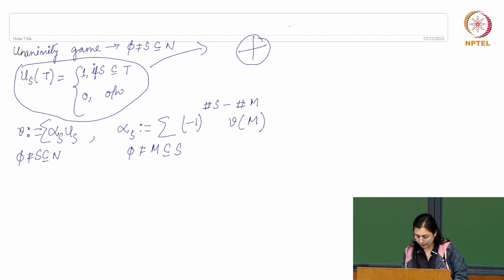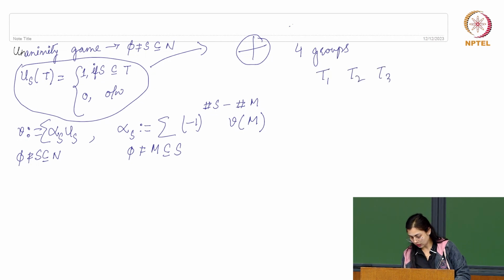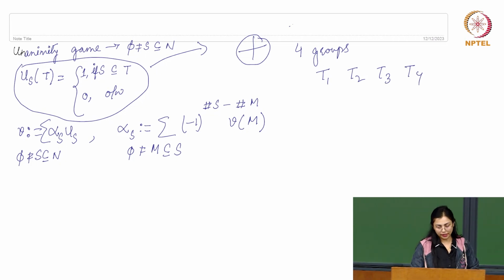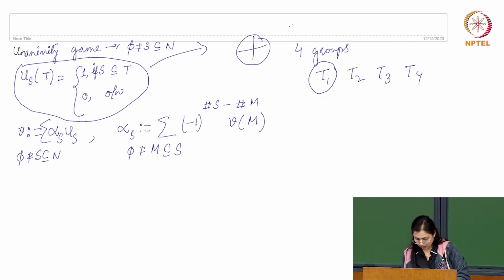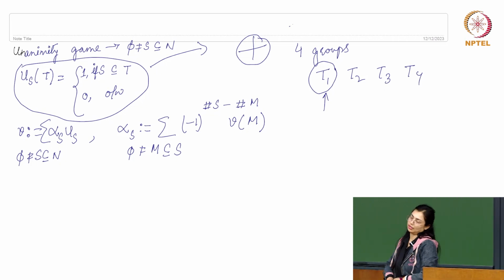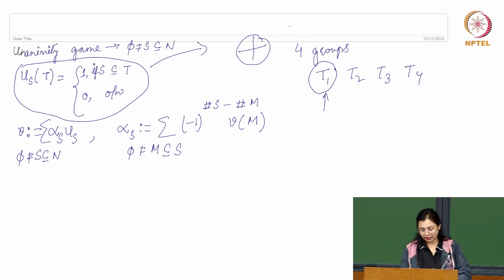Say there are 4 groups, T1, T2, T3 and T4. Now somebody in T1 gets the chance to distribute the cake among all these groups.